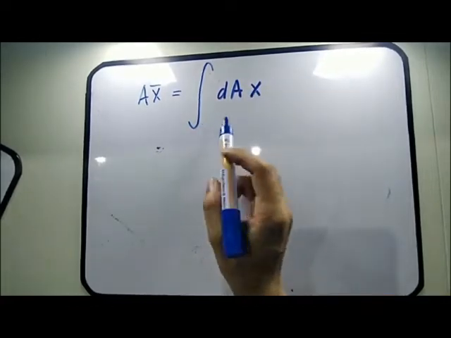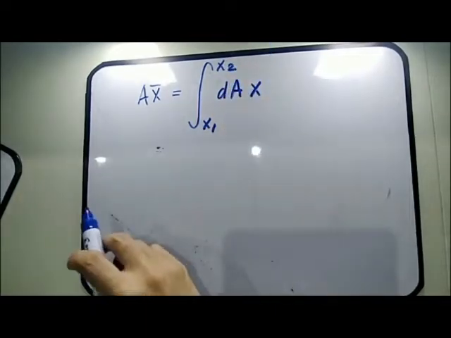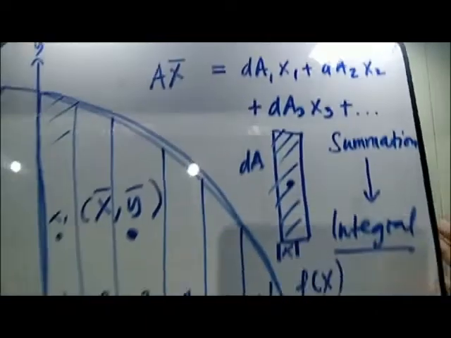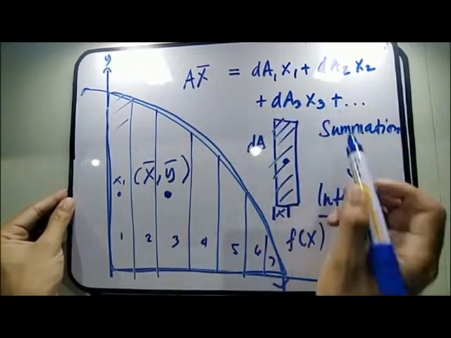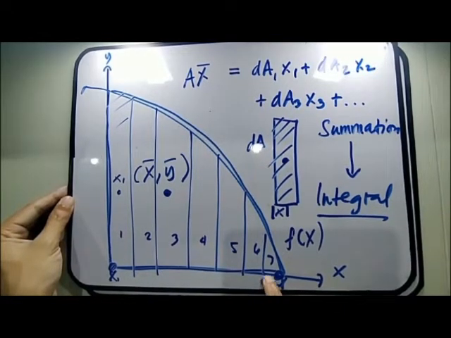So, i-simplify lang natin. So, ang limit natin is x sub 1 to x sub 2 if you are dealing with vertical rectangular strip. Kasi kung ang dA natin is in terms of dx, of course, yung limit natin is differential of x. So, to simplify, sabihin natin na ang interval natin is from x sub 1 to x sub 2.